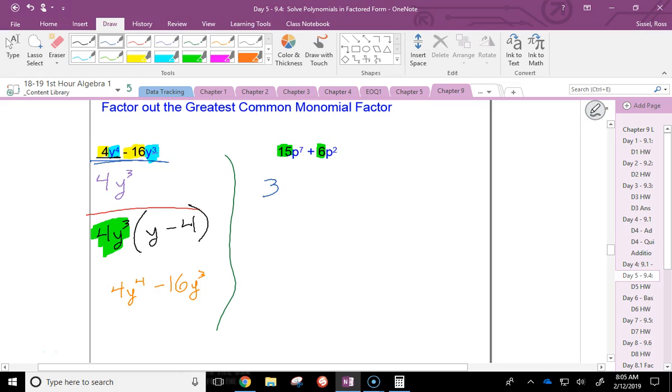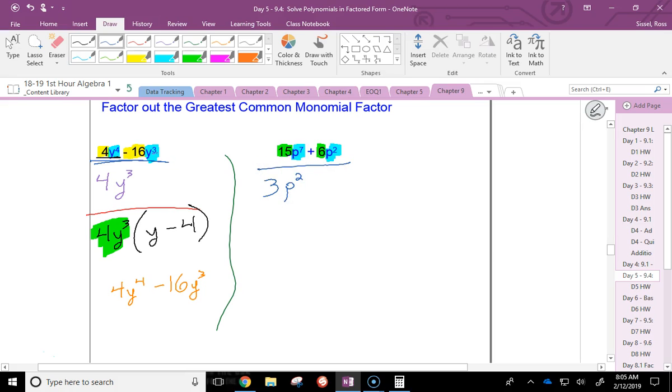My greatest common factor between p to the 7th and p squared: p squared. We know it's the variable p, but we can only go to the second power because that's the smallest one we have. I can't say third because I can't take the power of 3 out of a power of 2. So you can look at your smaller one. So p to the second power.